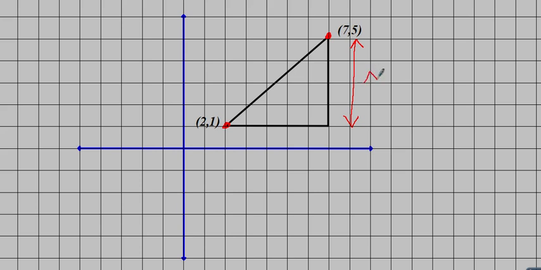So this is the change in y, which is 5 minus 1, and that's 4. Similarly, this distance can be found by counting the squares or by simply subtracting the x coordinates, and that's 7 minus 2, which is 5, and this is the change in x.